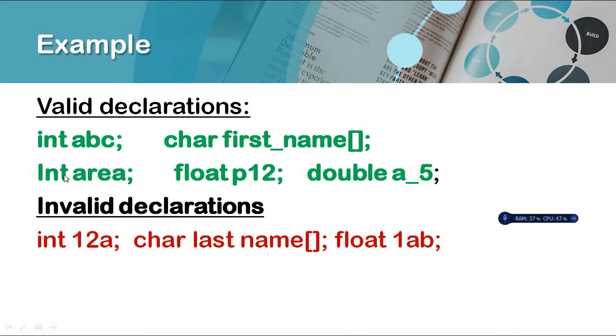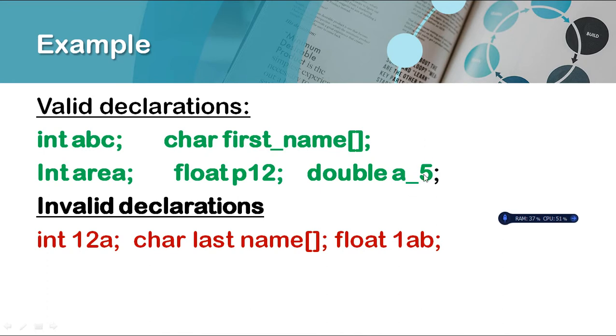Here see, this is int area. It is all alphabets. Then float P12. This is a combination of alphabet and numerical values, so this is also valid. And then double A underscore 5. Here it is a combination of alphabet, underscore and numerical value.